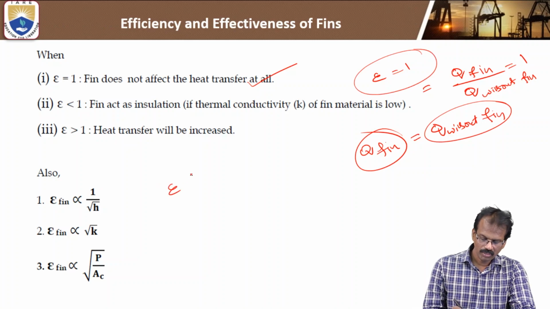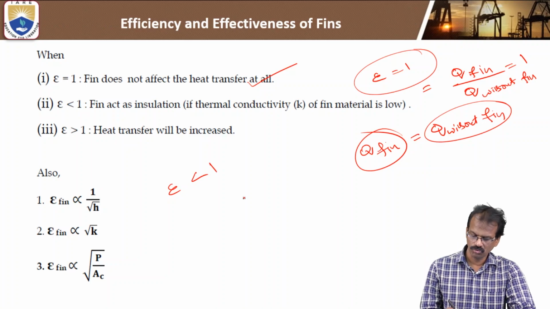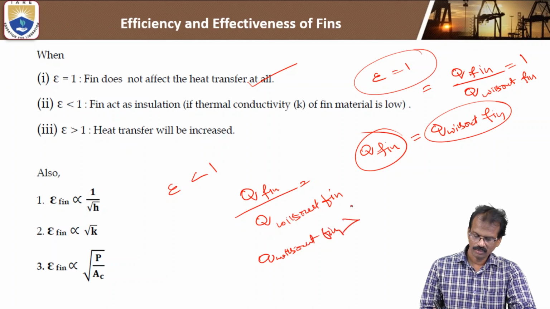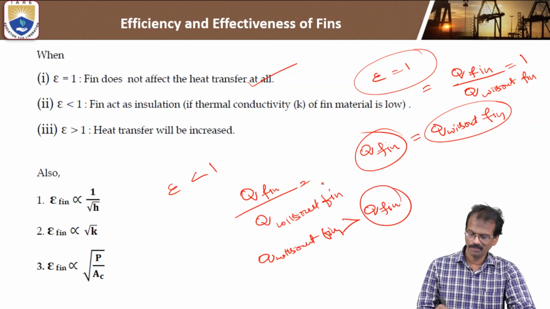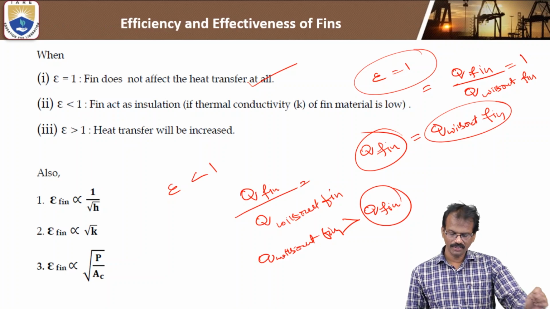Now we'll see effectiveness less than 1. Effectiveness less than 1 means Q fin by Q without fin is less than 1. It means Q without fin is greater than Q fin. So by the help of the fin, heat dissipation is decreased.